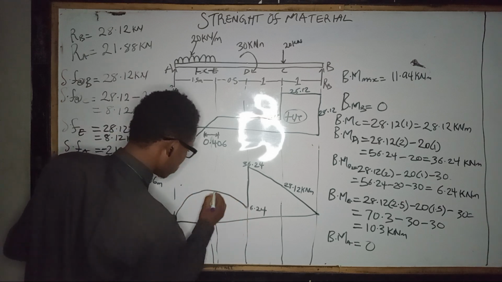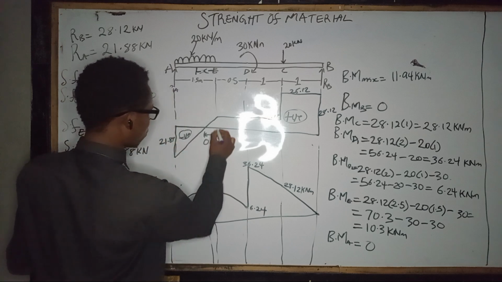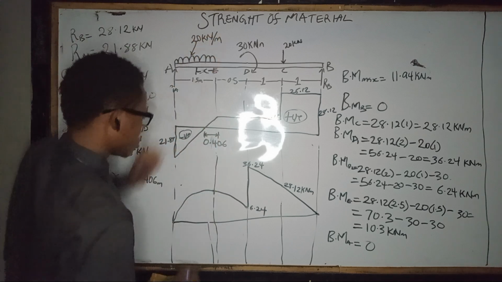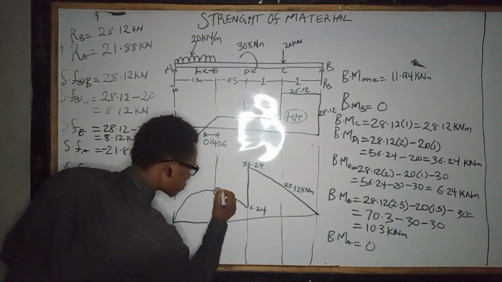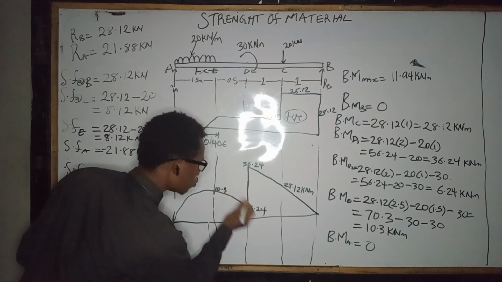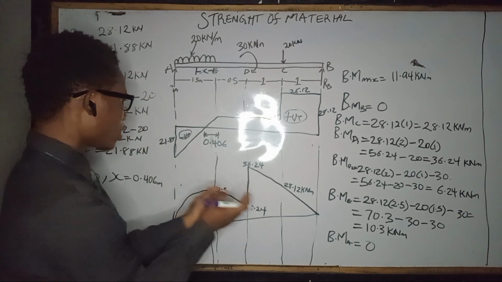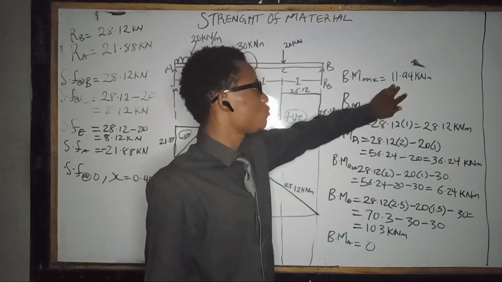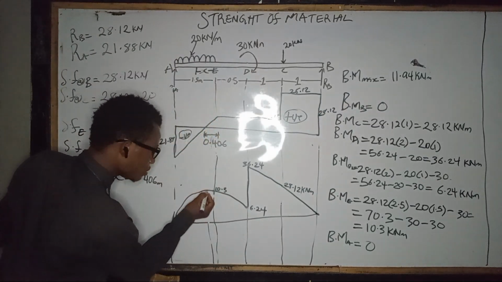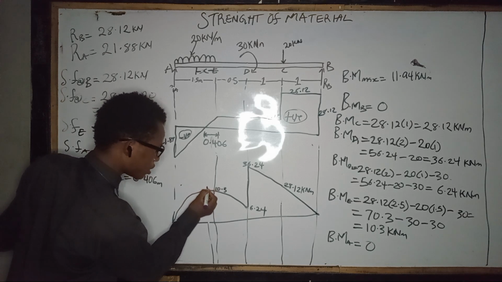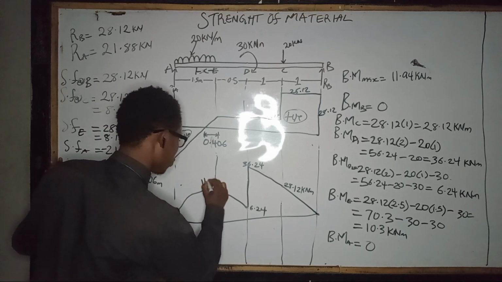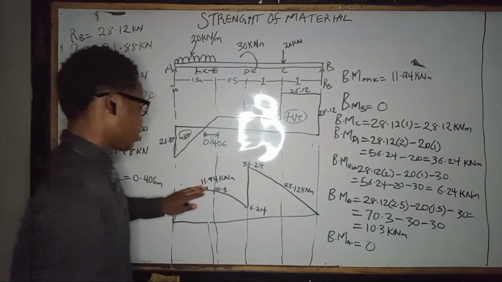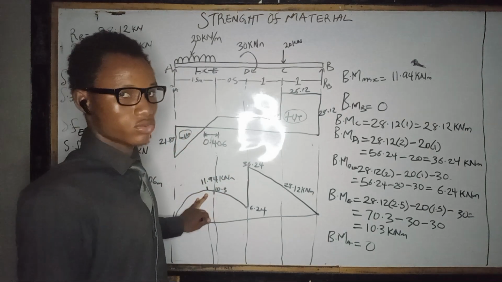But this point E that we measured here is 10.3 kilonewton meter. But according to our calculation, we have a maximum point at 11.94. So there will be a point right here that will be 11.94 kilonewton meter. That is the maximum point on the curve.